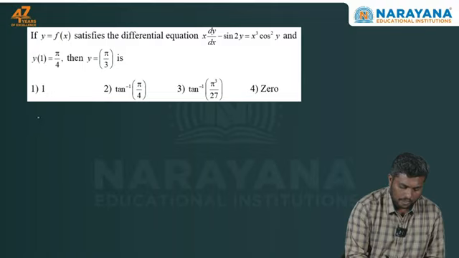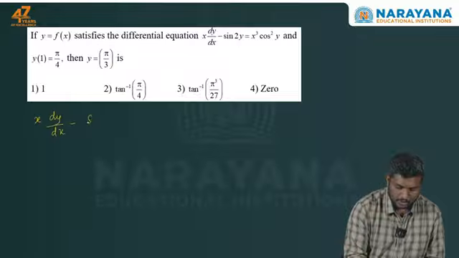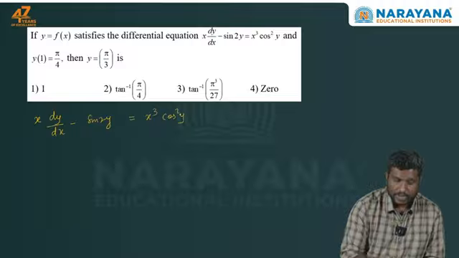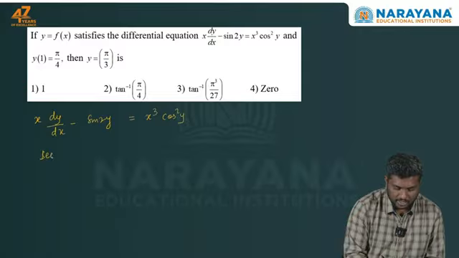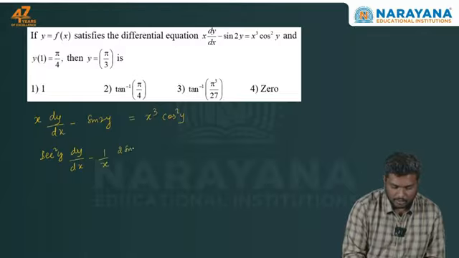So x dy by dx minus sine 2y is equal to x cube cos square y. Now, upon dividing both sides by cos square y and x, I am getting secant square y dy by dx minus 1 by x into sine 2y, which can be written as 2 sine y cos y by cos square y, is equal to x cube by x.